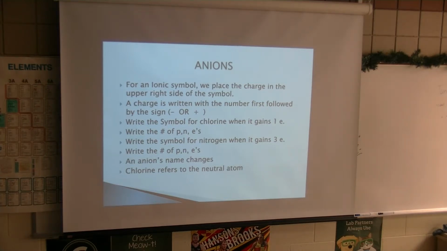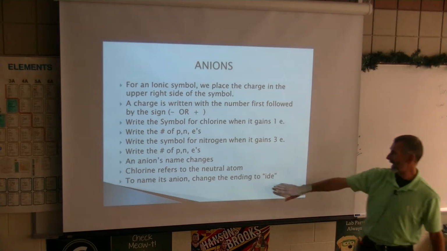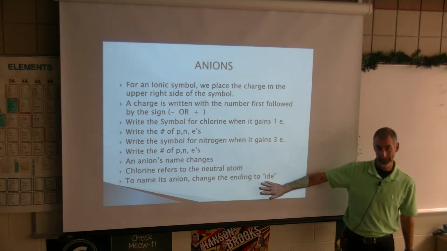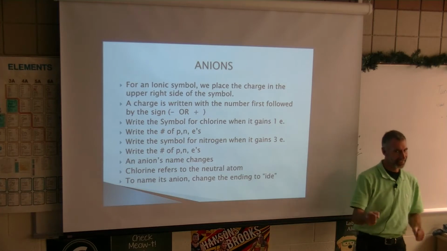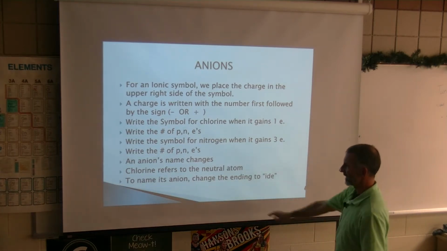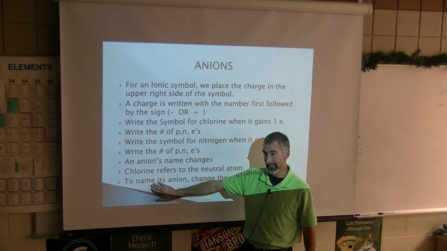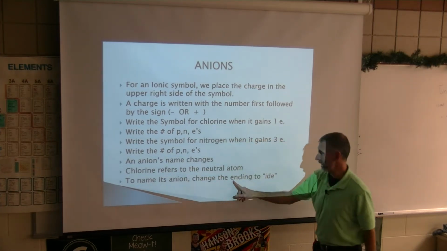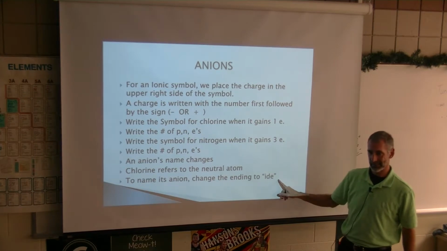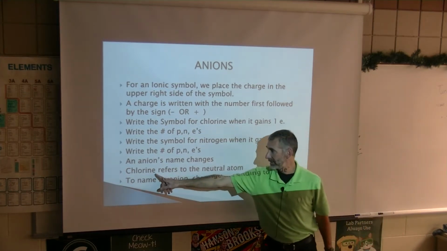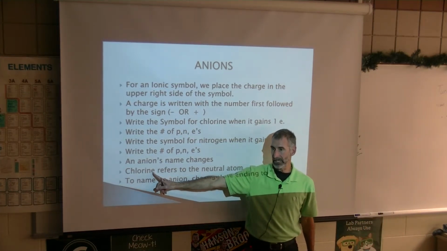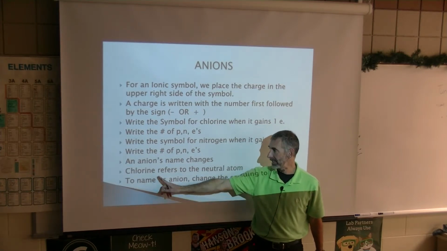Now, if our atom gains electrons and becomes an anion, then we're going to change the ending to IDE. Did you already know that? Good. So let's say chlorine gains an electron and becomes an anion.